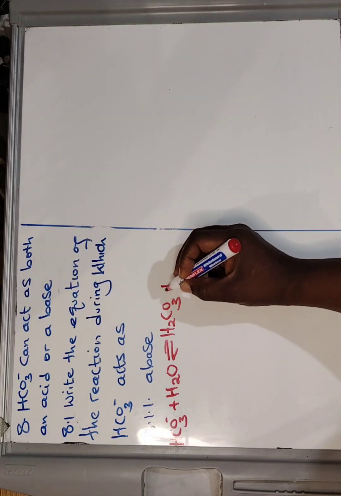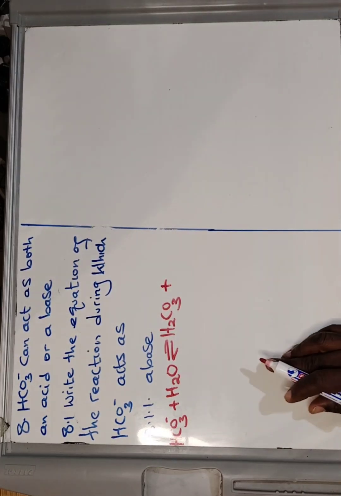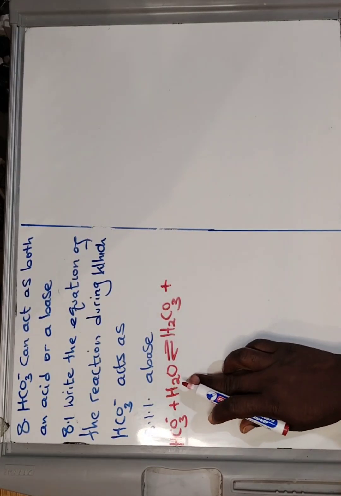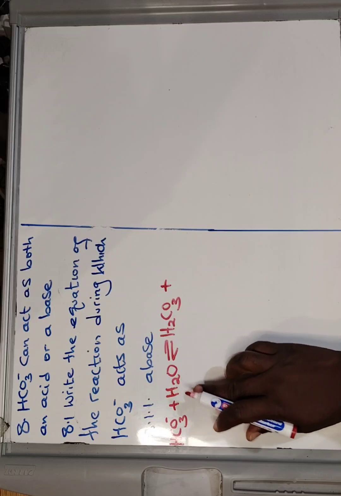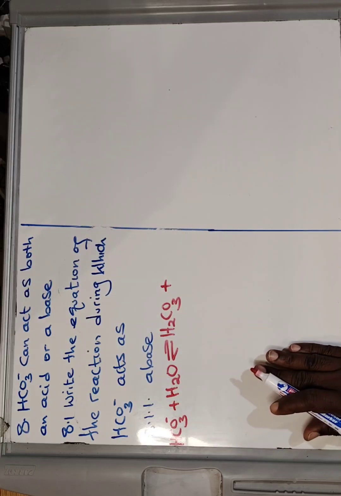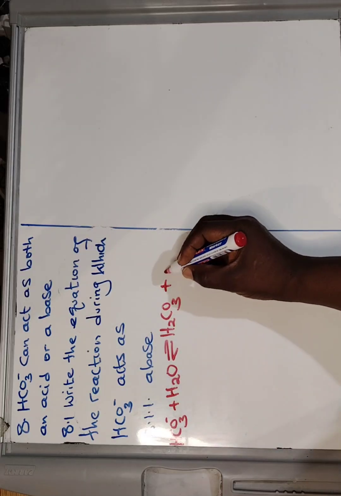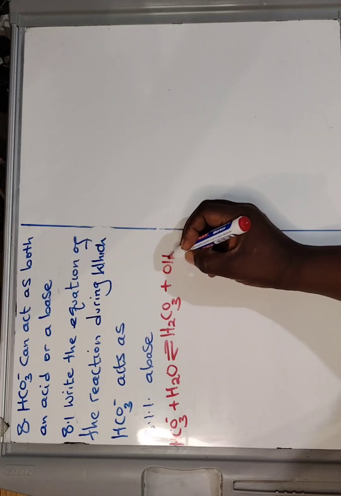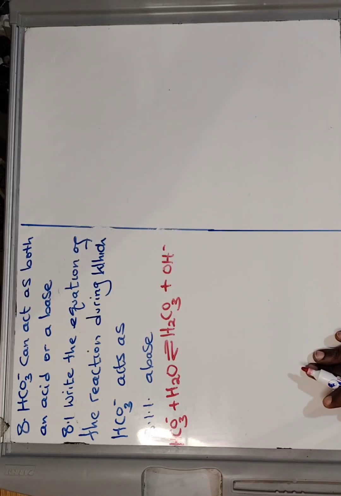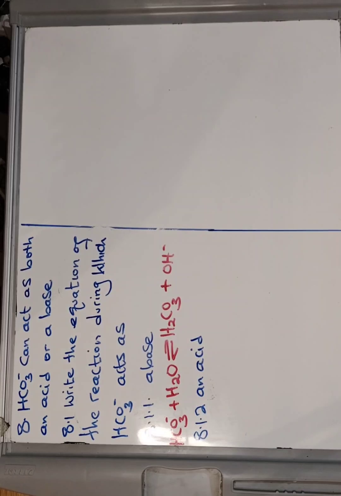Then after losing a proton, what change does water undergo? It loses a proton to become hydroxide ion. So this is the equation in which bicarbonate is acting as a base.